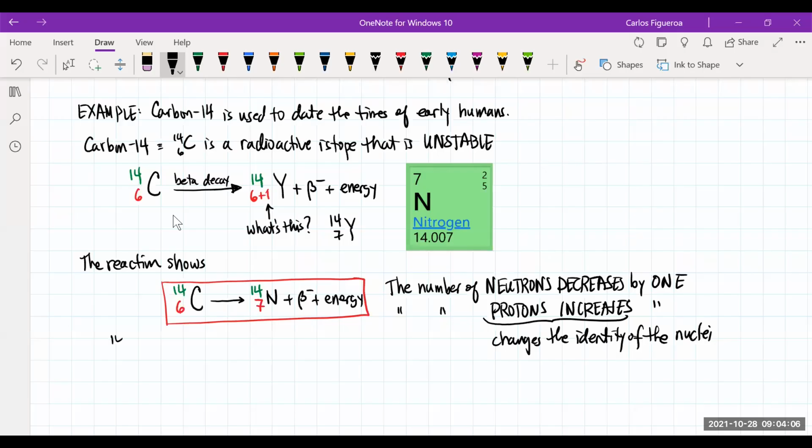So if I have 14,6 carbon, immediately we see that we have 8 neutrons, 6 protons. And then if I look at nitrogen, we see that we have 7 neutrons, right? It decreased by 1. And then you could see here that the number of protons increased by 1. So again, that's exactly what you're seeing here.